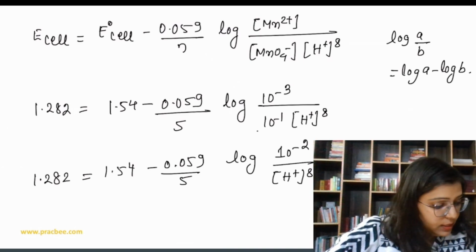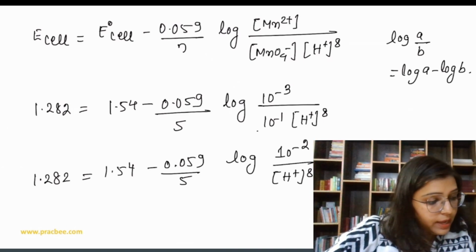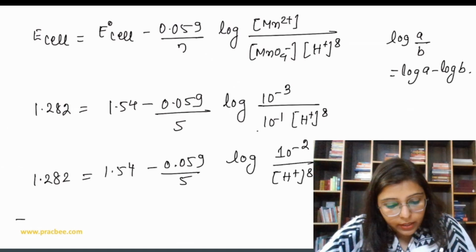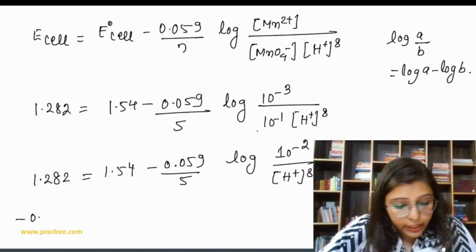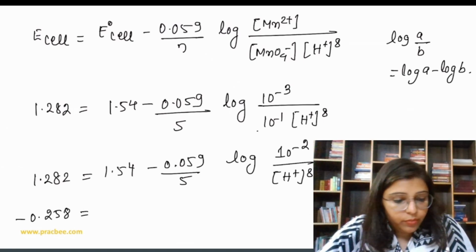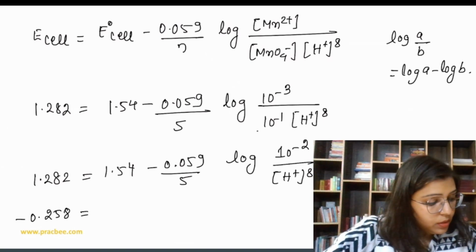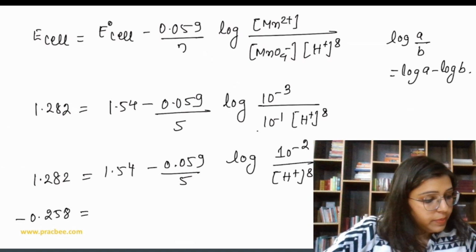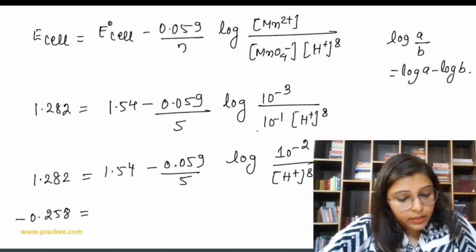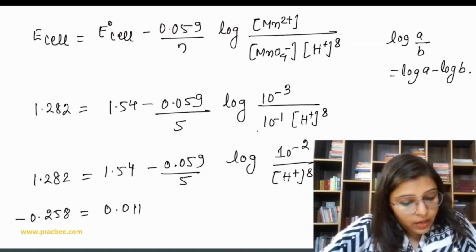1.282 minus 1.54 is minus 0.258, which is equal to 0.059 divided by 5. We get 0.0118.